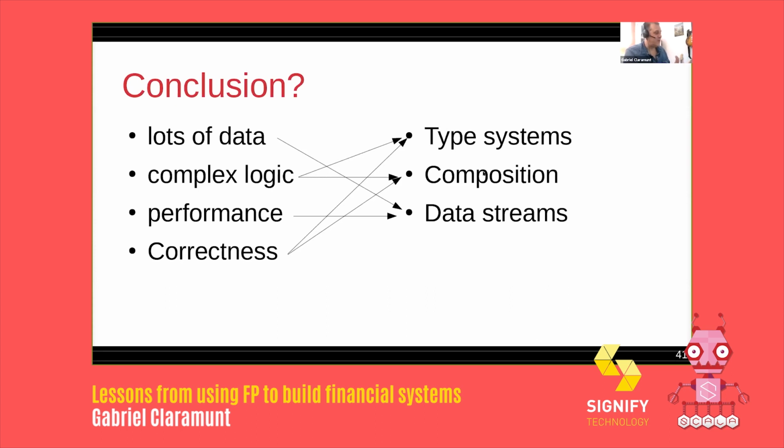We have two things that we know are correct, and then with the way we compose things, we know that the composition is also correct.